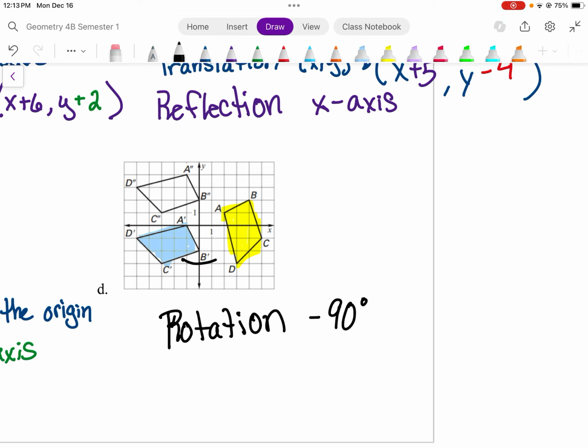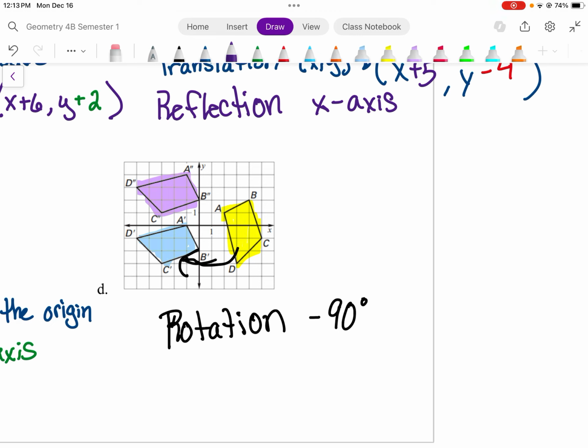Because this one went from here down there. So whenever it's not the origin or one of the points on the shape, don't worry about the point of rotation. Okay, then we're going to our last shape, which is A, B, C double prime.